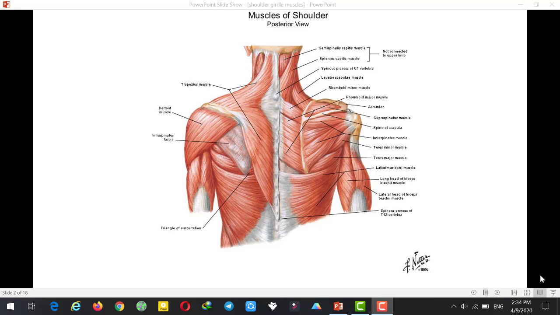Another, descend or penetrate between the muscles and make compartments. It descends between the muscles, attaches to the bone and makes compartments, like the compartments in the anterior of the arm or posterior of the arm. In the anterior of the arm we have flexor muscles. In the posterior we have extensor muscles.